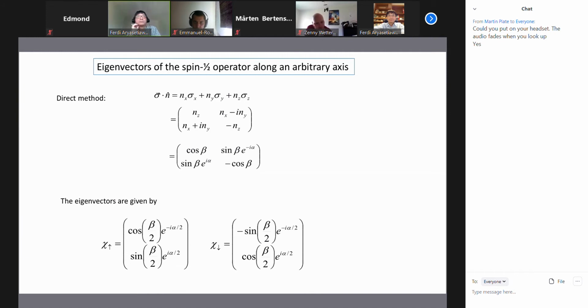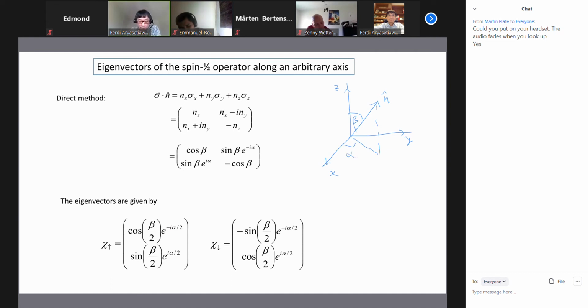There are several ways of doing this. The most direct way is simply to work out what the spin operator is along some arbitrary axis, call it n. So if we have some axis z, x, y, I think, yes. We take some axis n here, with polar angle beta and azimuthal angle alpha.